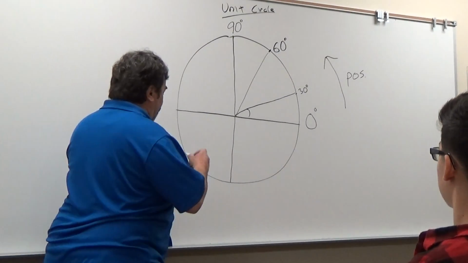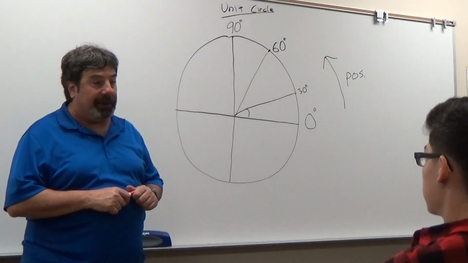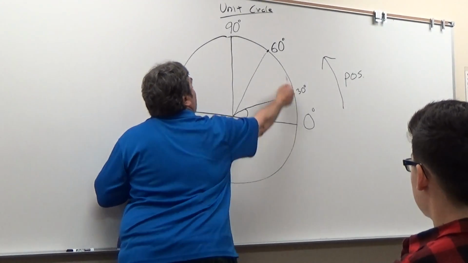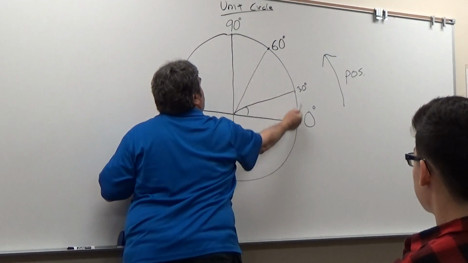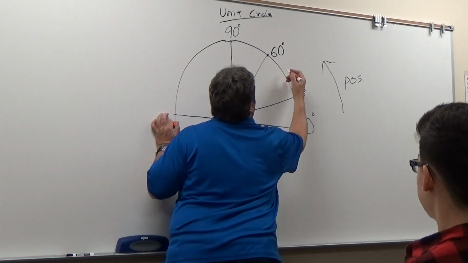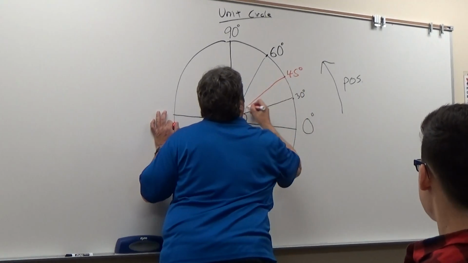Now, the unit circle is also broken up in increments of 45 degrees too. So from here to halfway to 90 would be how many degrees? 45 degrees. Yeah, so it'd be approximately about right here, okay?